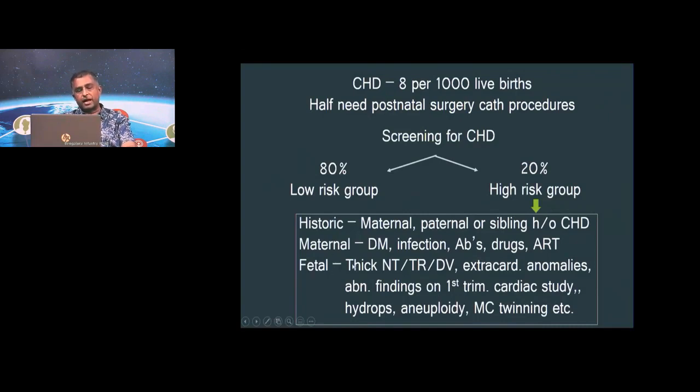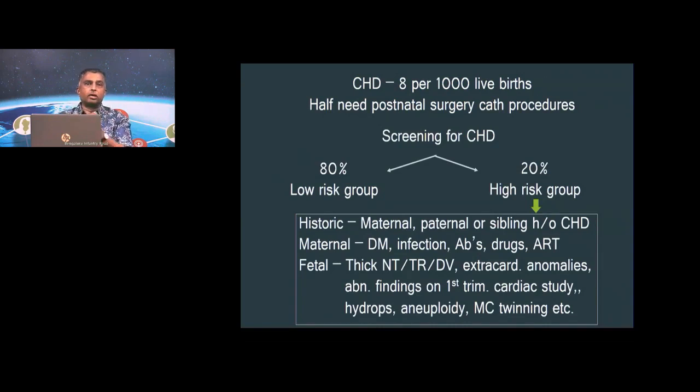You've done a first trimester scan and you find a thick NT, a tricuspid regurgitation, ductus venosus A-wave reversals, or a combination of that. You find extra cardiac anomalies, abnormal findings on a first trimester cardiac study. Now, we all do our inflow tracts, which are parallel, using color in the 11 to 14 week scan.